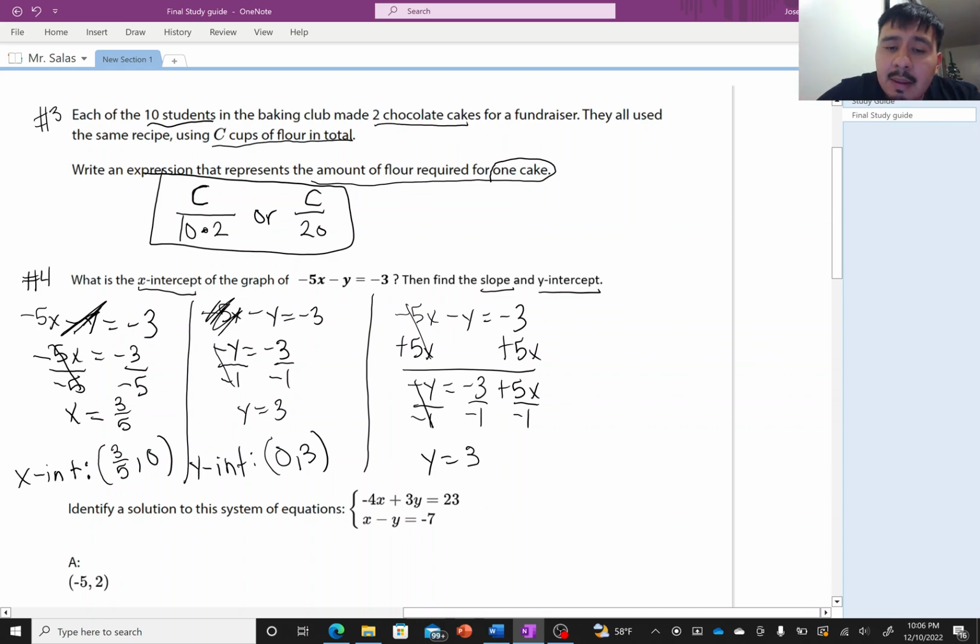Positive 5x divided by -1 gives me -5x. So my slope is equal to -5. This is my slope right here.